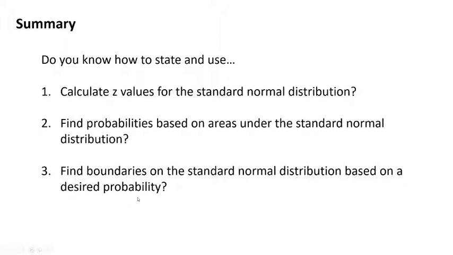Those are those latter problems that we were doing there, where we had to take a look and find out what the z-value was for some areas under the curve that we were given. That was those last few problems that reversed things for us. So go through your activity sheet, and as a way of summarizing our time together here, make sure that you know how to do those 3 things.